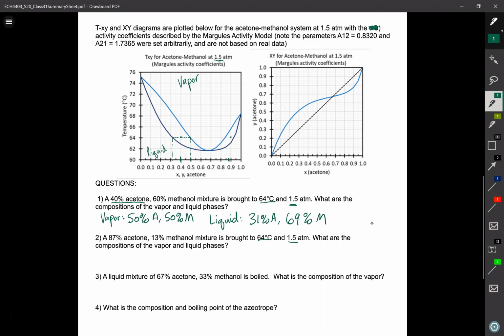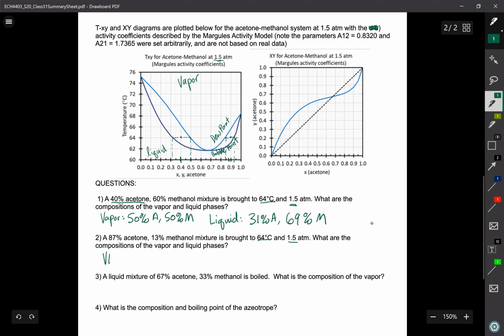So I have to read my compositions by drawing a tie line over on this side, and then drawing my lines down to see what the compositions are. So in this case, remember, my vapor is still off of the dew point line, which is the light blue line, and the liquid is off of the bubble point line, which is the dark blue line.